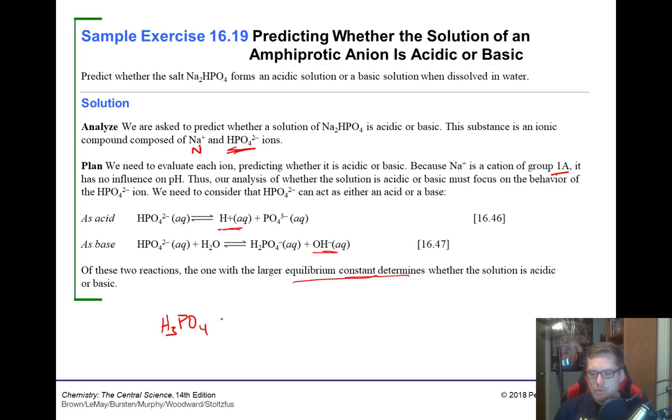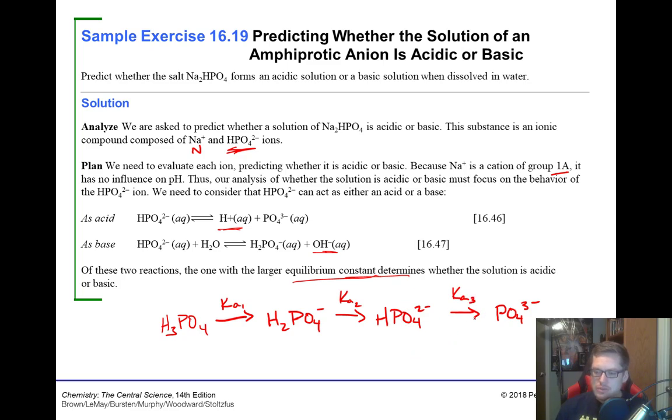So the H3PO4, when it loses its first hydrogen, will turn into H2PO4 minus. When it loses its second hydrogen, it'll turn into HPO4 2-. When it loses its last hydrogen, it'll be PO4 3-. So our Ka1 is here, our Ka2 is here when we lose our second one, and then this would be our Ka3.